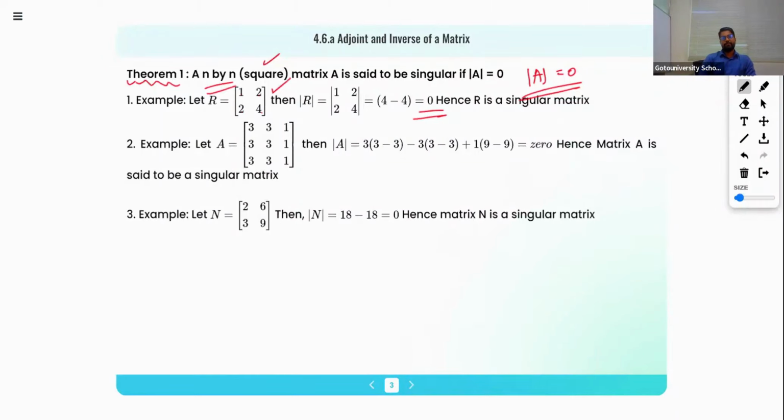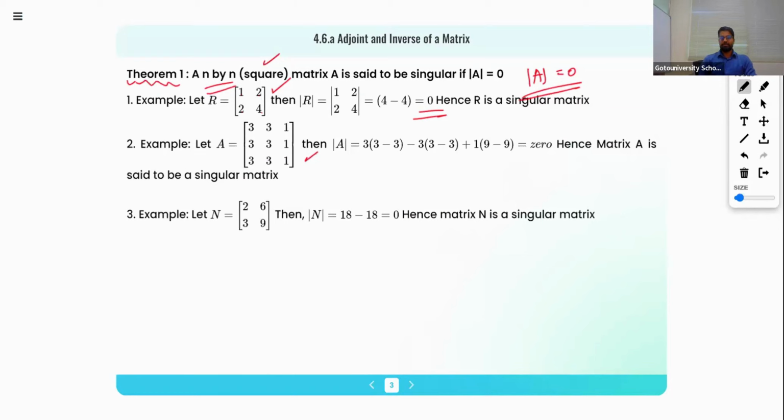And there's an example of a 3 by 3 singular matrix. We know that if any particular row or column is equal to another row or column, the determinant automatically becomes 0, right? That is one of the elementary properties of determinants, which is not in our syllabus, but still remember this point. If an entire row or column of a matrix is equal to another row or column, then definitely the determinant will become 0.